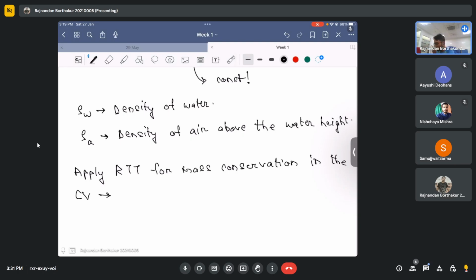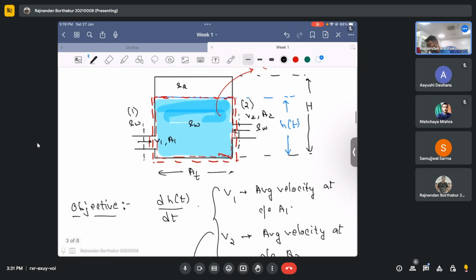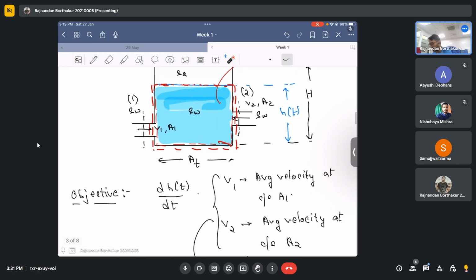Let's now try to understand how we apply RTT in this case. This happens to be our control volume of the problem. There is this part where the water comes in, and this part also where water comes inside the CV.